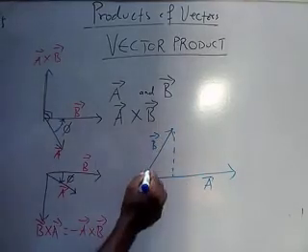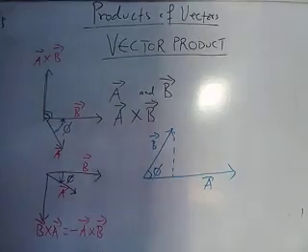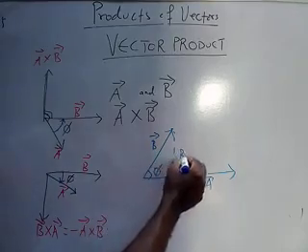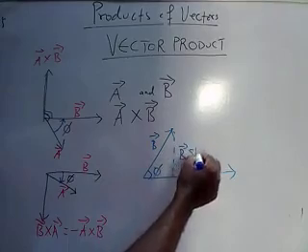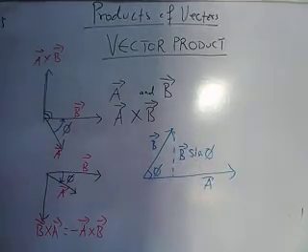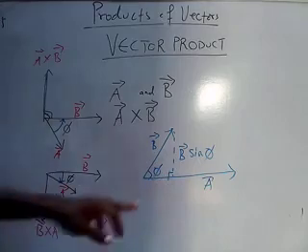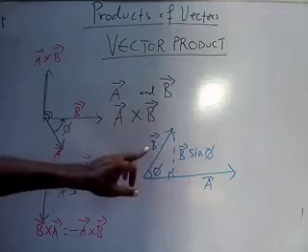If here is phi, to get this vertical point is going to be what? Vector B sine phi. Here is perpendicular. If you get it, here becomes our opposite. Here being our what?